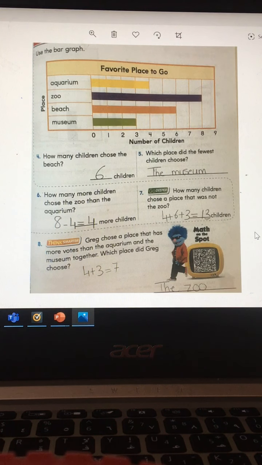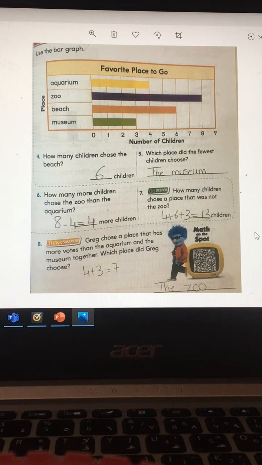Greg chose a place that has more votes than the aquarium and the museum together. Which place did Greg choose? In this question, he is asking me to add in order to compare.